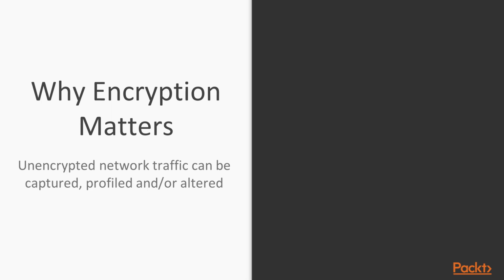Why does encryption matter? Well, it matters because unencrypted network traffic can be captured, profiled, and/or altered at any point along the route that it travels. So that means that unless you know and trust every single network point that will be crossed by your traffic, then you should encrypt that traffic.